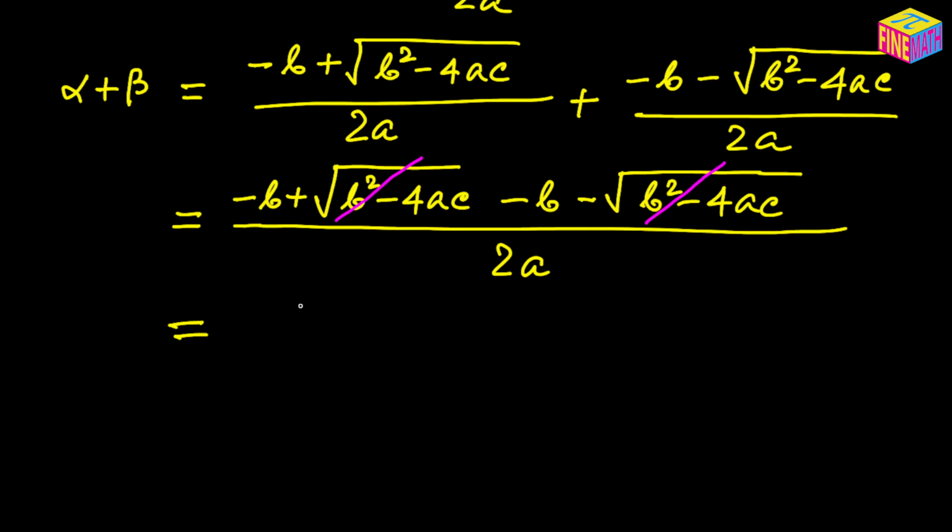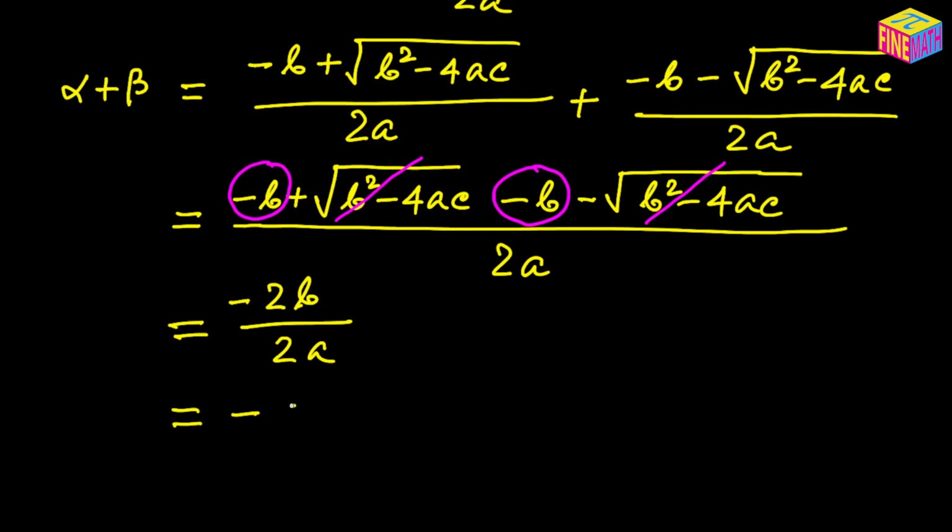So we are left with two negative b's in the numerator, one here and another here, and in the denominator we have 2a, so it will be negative 2 times b, divided by 2a, and that will be equal to negative b by a, because the 2 and the 2 cancel each other. That is the sum of the roots of our quadratic equation.